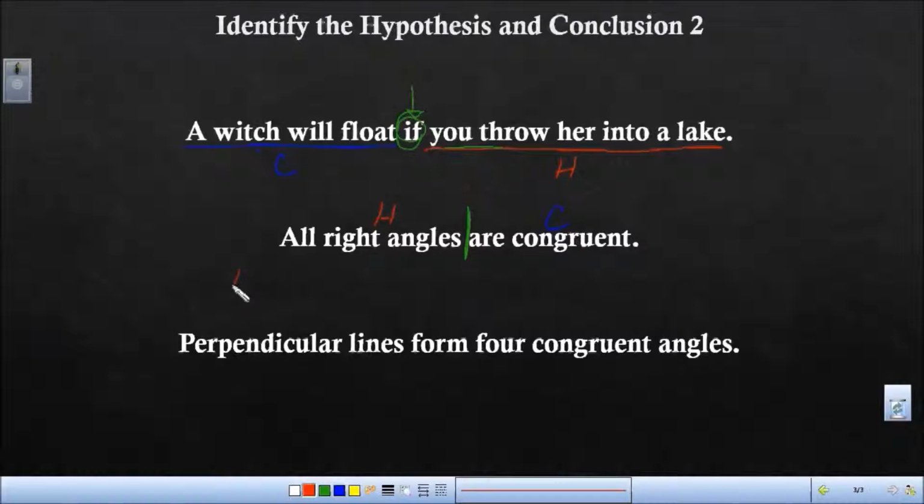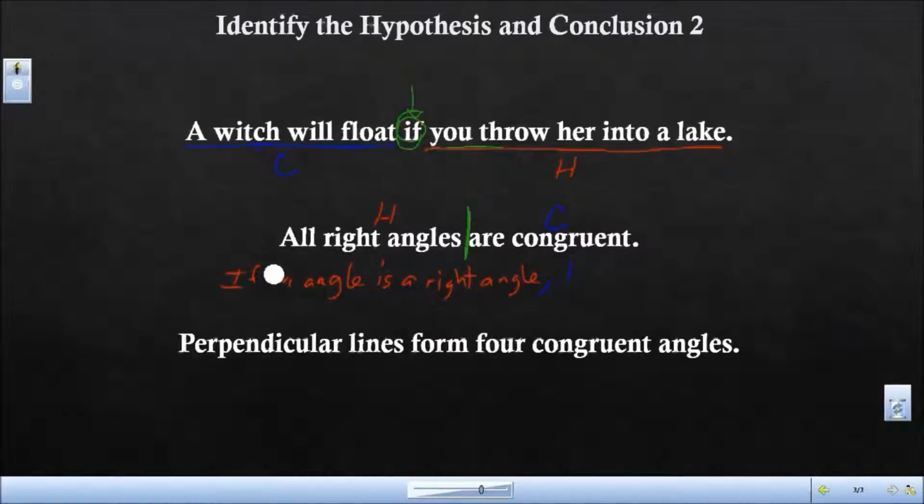So we would say, if an angle is a right angle, we don't want an angle, do we? We need more than one angle.